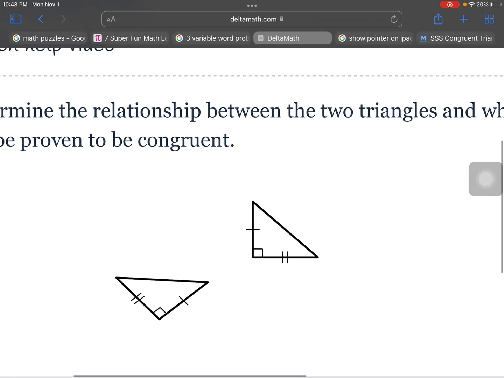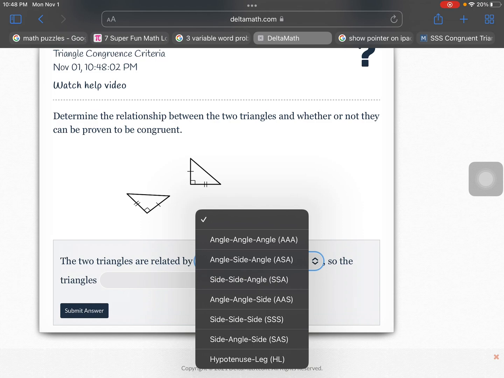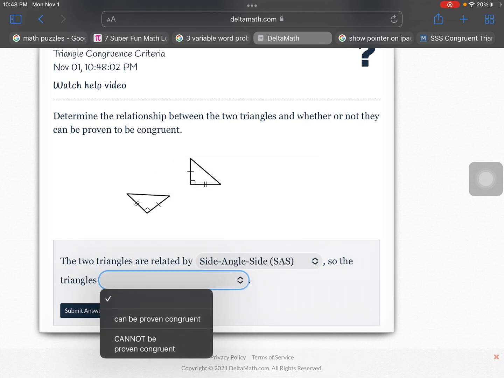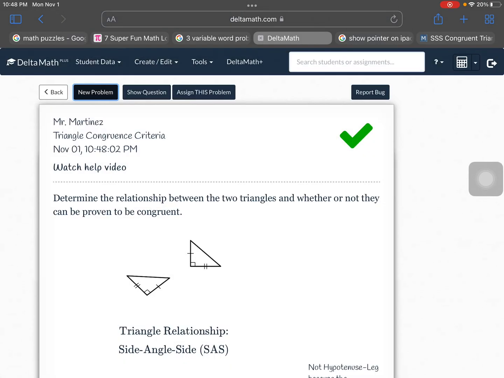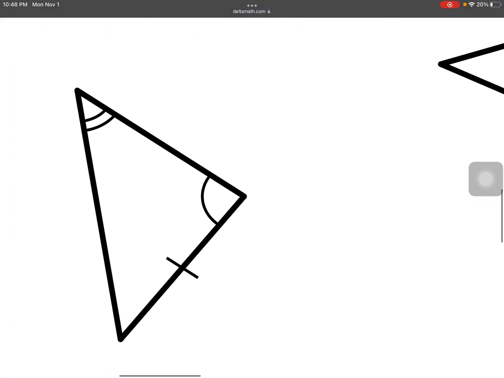Look, the pink one. Side, angle, side. So we can say they can be proven because SAS. Let's see what happens. There you go. Next problem.